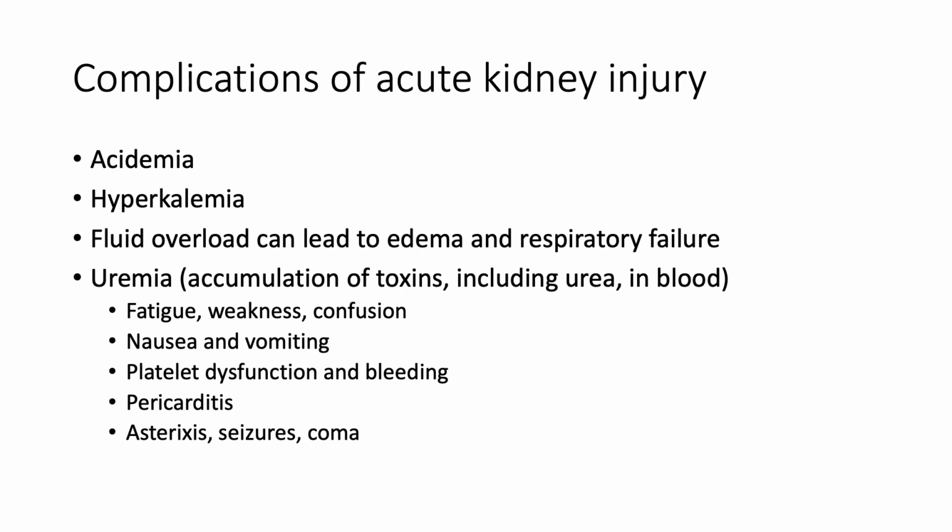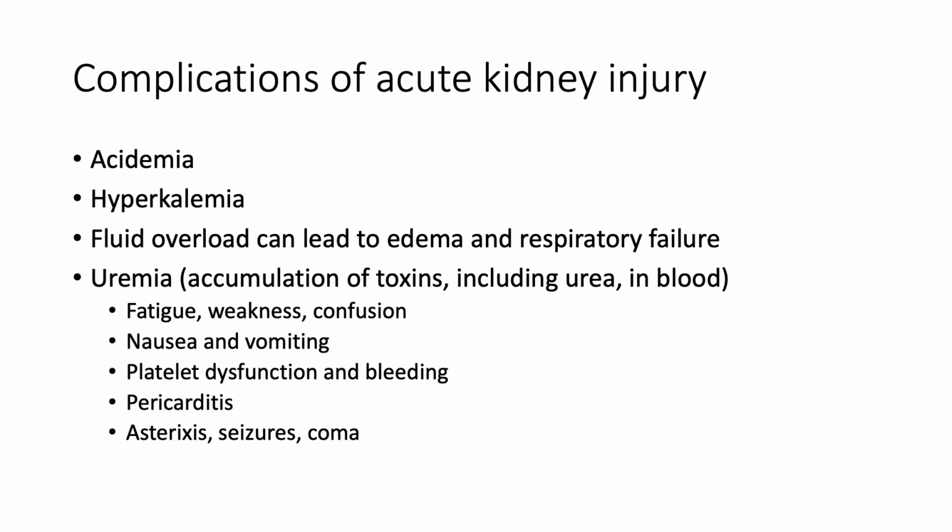And then the kidneys are also responsible for excreting toxins, like, for example, urea. And the accumulation of toxins can cause a variety of different symptoms, ranging from fatigue and weakness to confusion, seizures, and coma. You also can see pericarditis from uremia, and so the patient might have friction rub and chest pain.